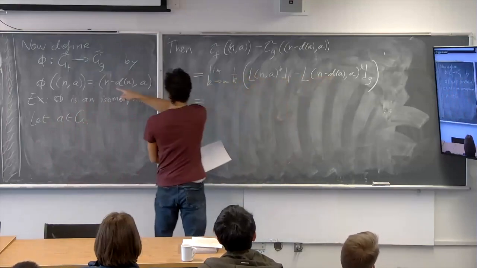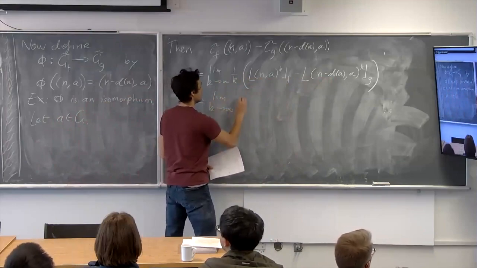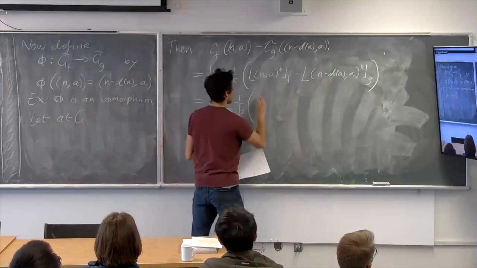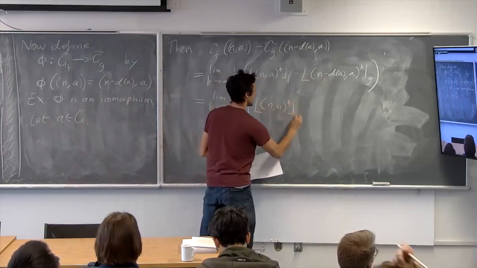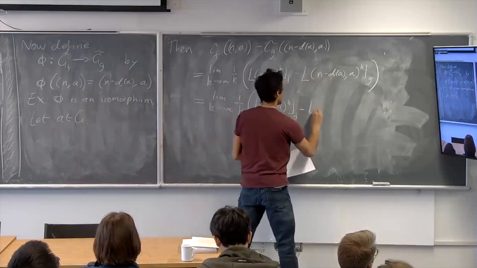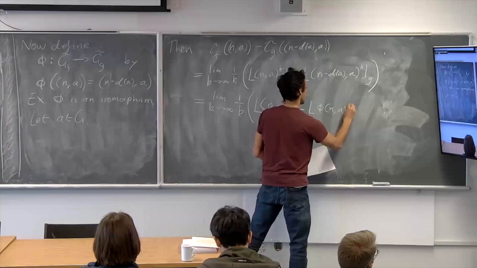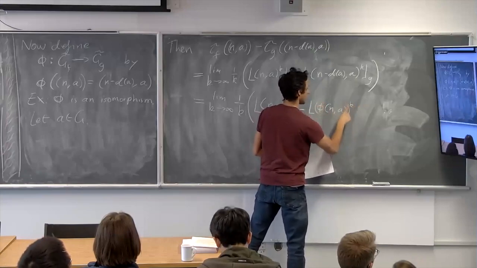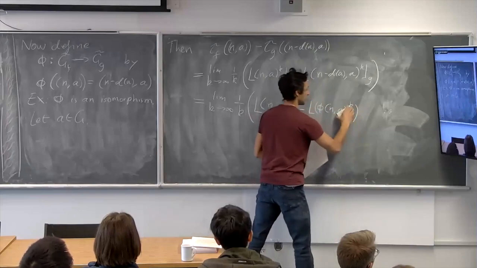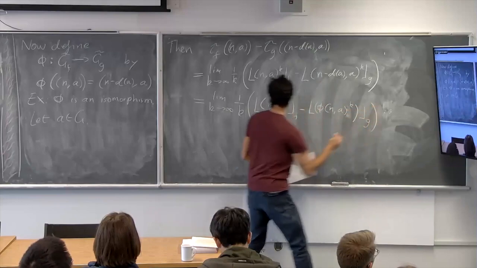So this is the limit as k tends towards infinity of 1 on k, and A to the k with respect to F, minus phi of nA to the k, with respect to G, because it's an isomorphism.